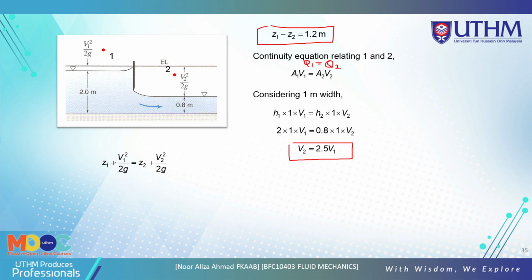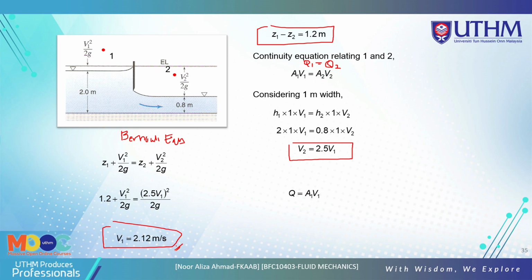Using the Bernoulli equation from the previous slide, just put the velocity V2 in terms of V1, until you get the solution for V1.